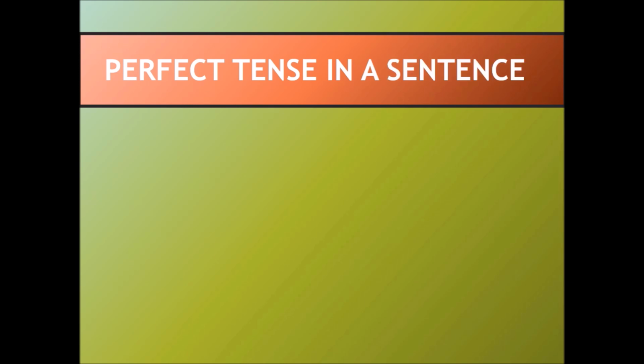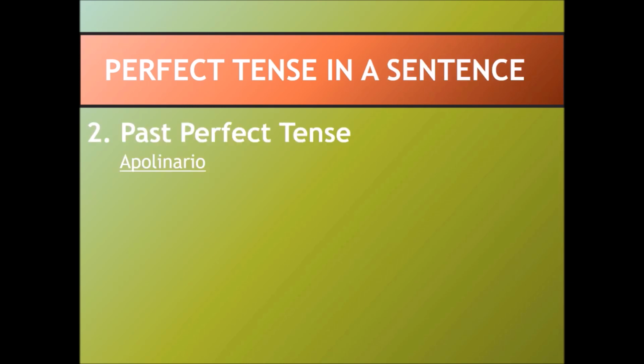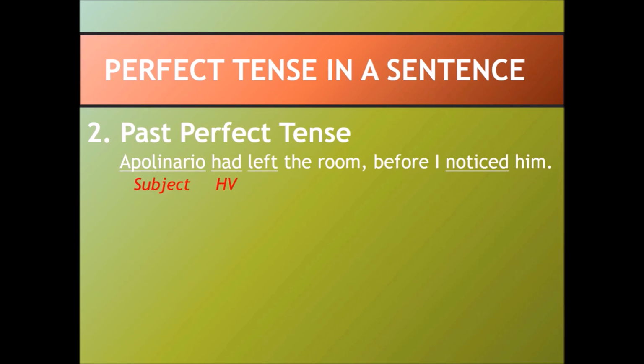The second perfect tense is the past perfect tense. Our example is Apolinario had left the room before I noticed him. In this sentence, there are two clauses. There are two verbs, left and noticed, although the first one has had as a helping verb.